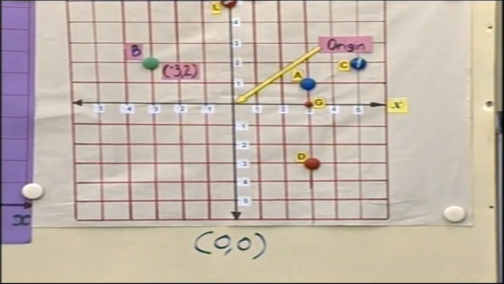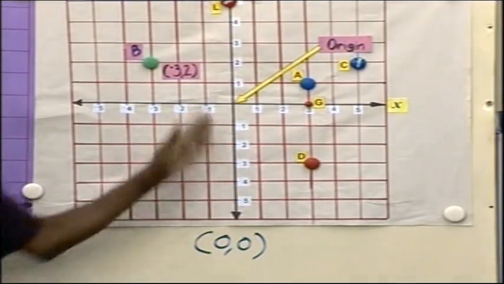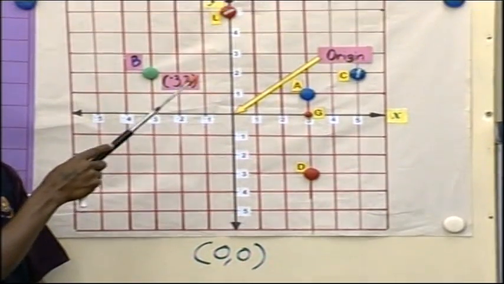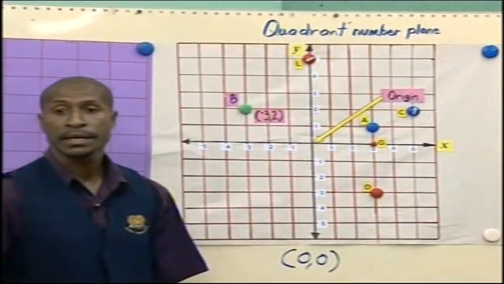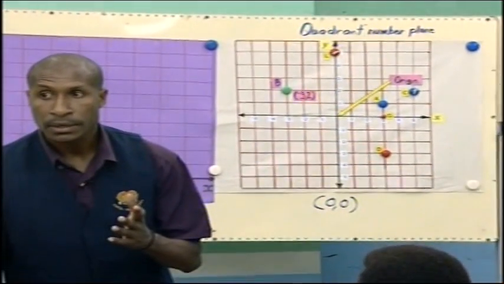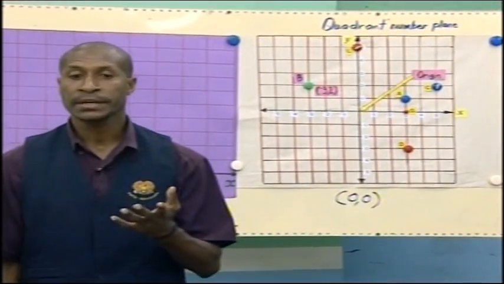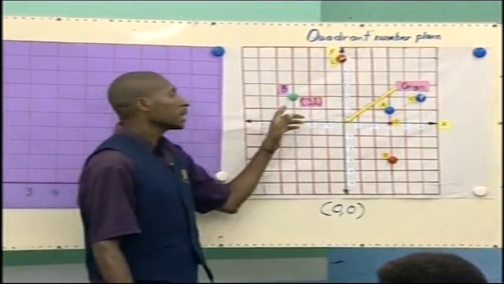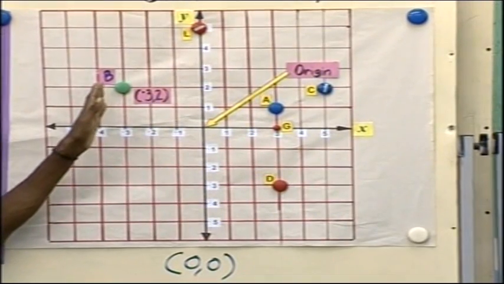Now, in a quadrant, we have points as well. And each point is being located by what? Each point is shown by what?